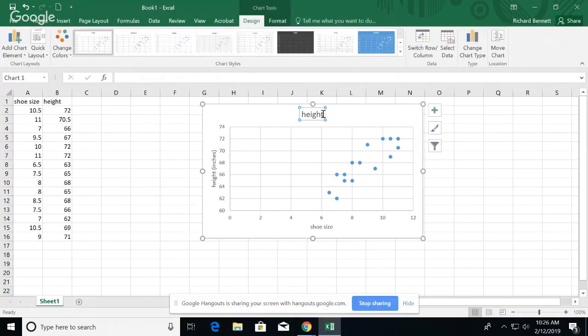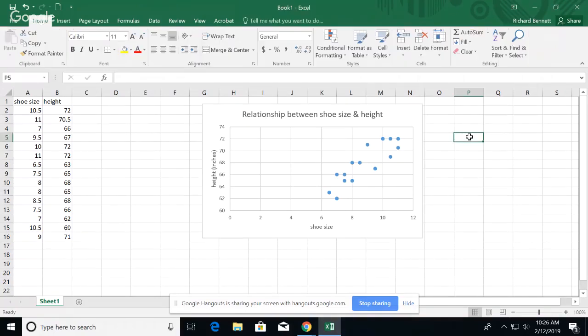And then we'll put the relationship between shoe size and height. Oh, terrible when you can't see what you're typing. Sometimes you can see what you're typing and sometimes you can't. I'm not sure why.